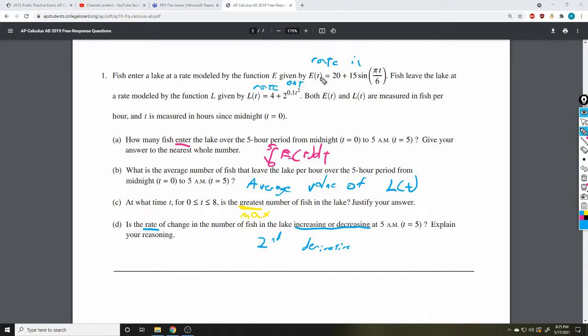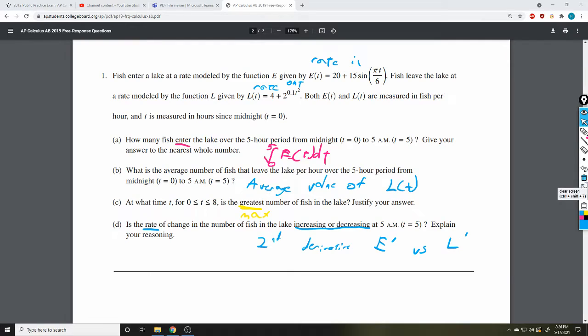So that's going to be a question about E prime versus L prime, and which one is outweighing the other. What's the rate of change of the rate in? What's the rate of change of the rate out? And we compare those two. So that's the overall process.